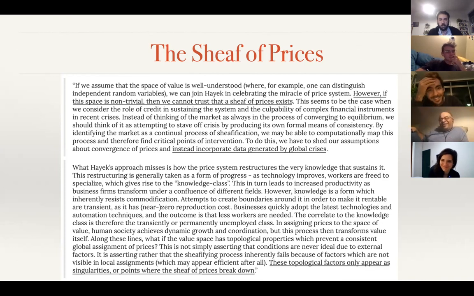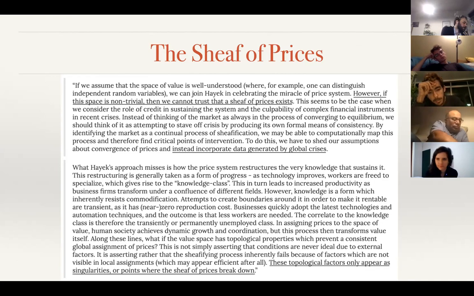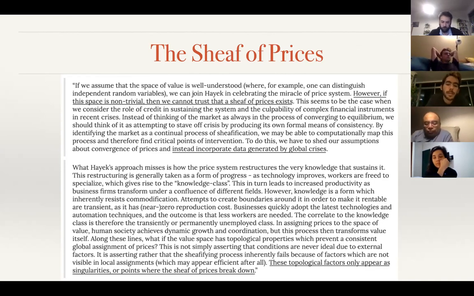The one thing I left out of this quote is that Marx already points this out. It's not only the global crises that prevent the sheaf from existing, but the existence of profit itself. Because when Marx says exchange wouldn't really happen if you're just exchanging like for like, then there would be no motivation for this market system to exist.